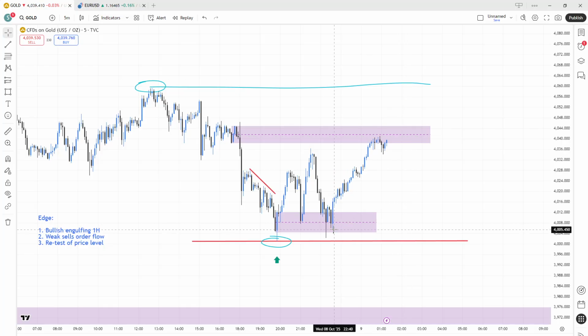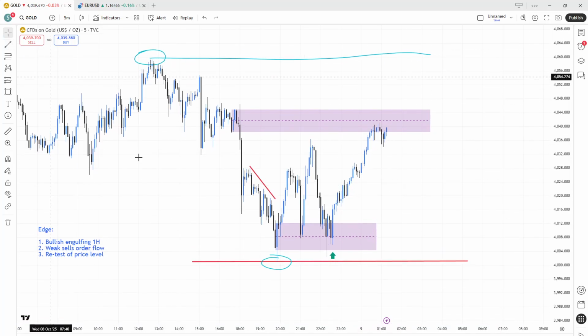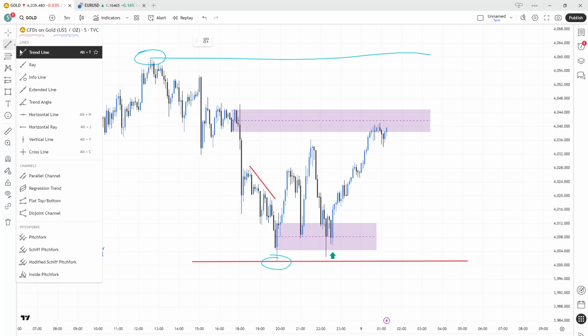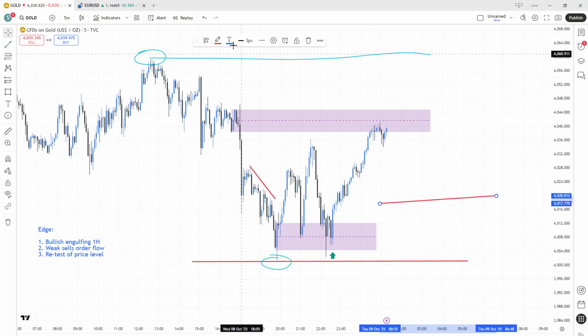And here we also see another bullish engulfing on this. But notice this tiny little detail. I want to mark this up.